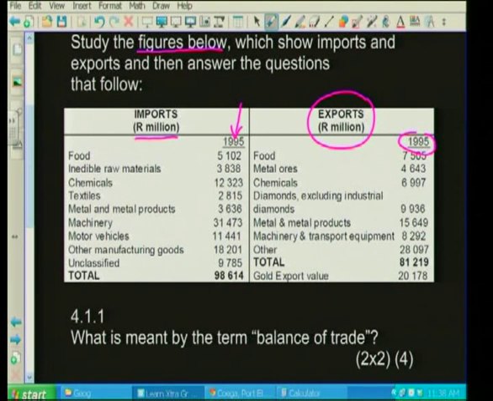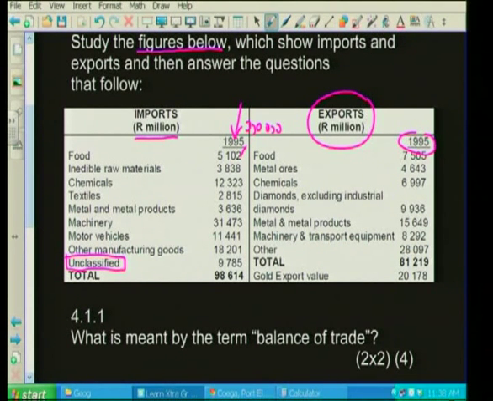So have a look at some of this information. In 1995, we imported 5,102 million. Remember, you can add another 6 zeros onto that number because we're talking about rands in millions. 3,838 million of inedible raw materials, chemicals, textiles, metal and metal products, machinery, motor vehicles and other manufacturing goods, and then all the other stuff that they don't want to list they call unclassified.